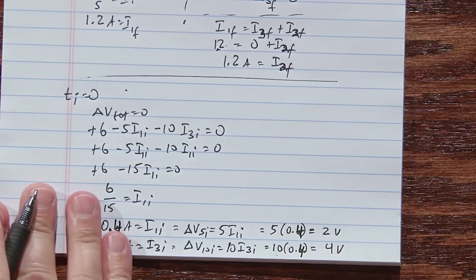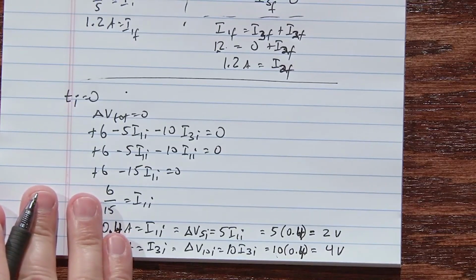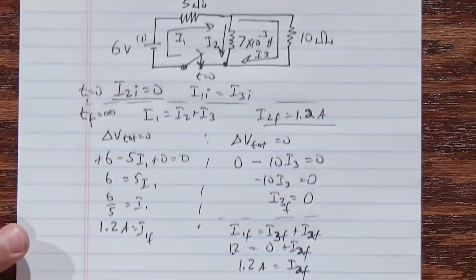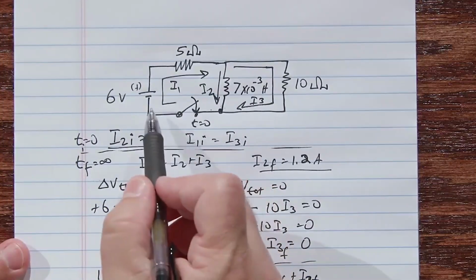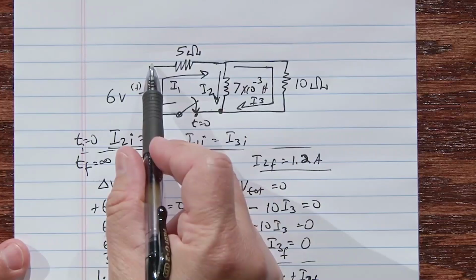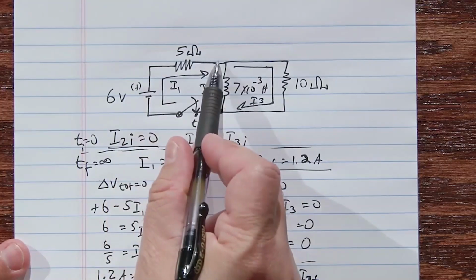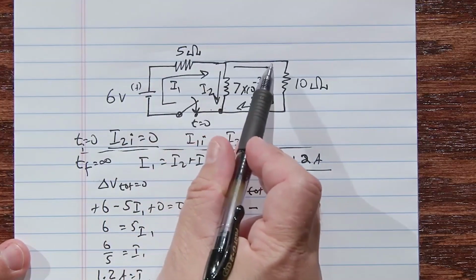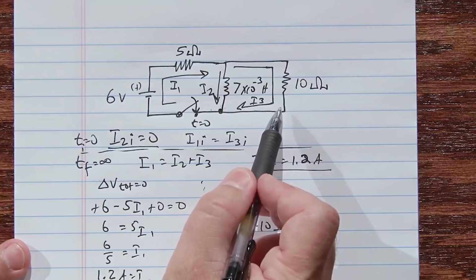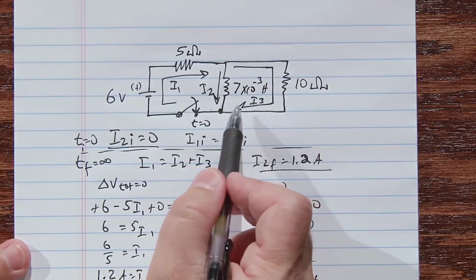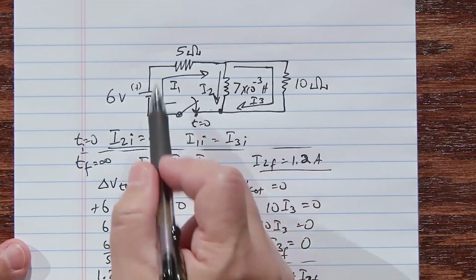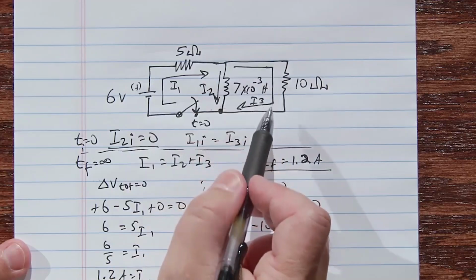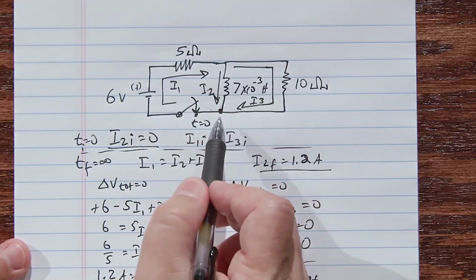So initially, at the moment when the switch is closed, we have a 6 volt increase across the battery, a 2 volt drop across the 5 ohm resistor, and a 4 volt drop across the 10 ohm resistor, so that plus 6 minus 2 minus 4 brings us back to 0.